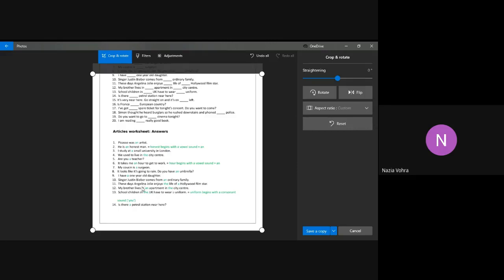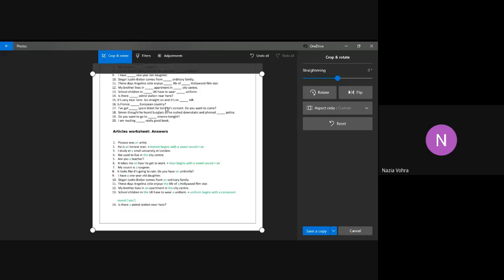School children in the UK have to wear a uniform. A uniform. Why? Uniform begins with a consonant sound, Y-O-U, U. That's why. Is there a petrol station near here? So a petrol station.